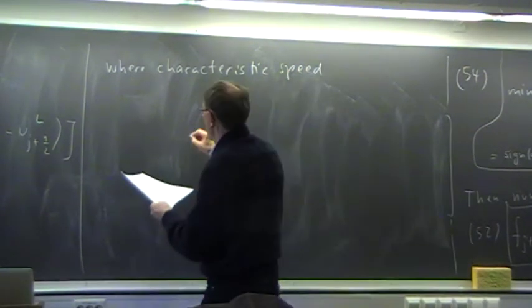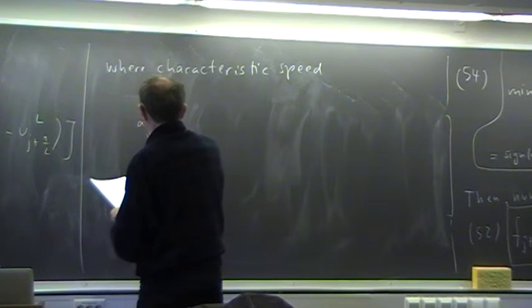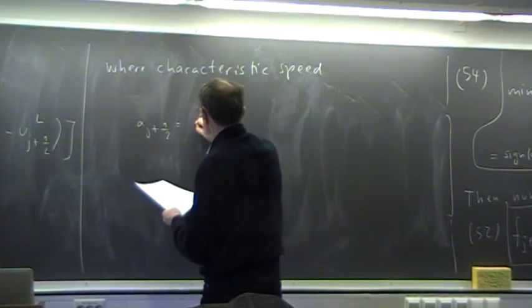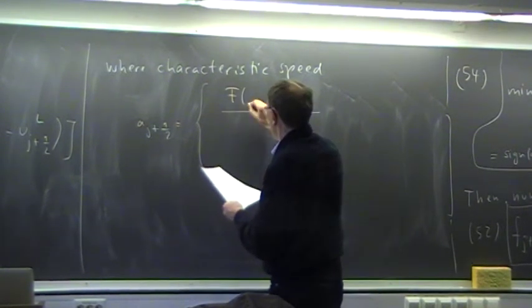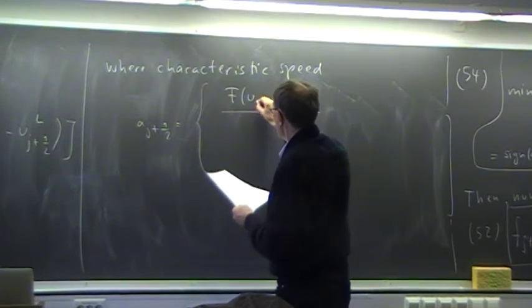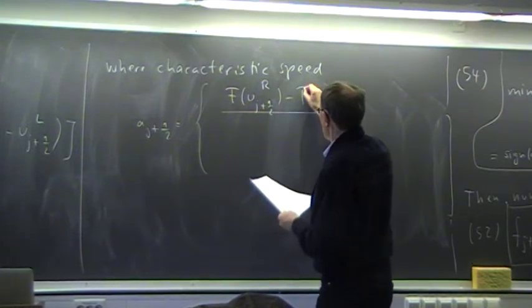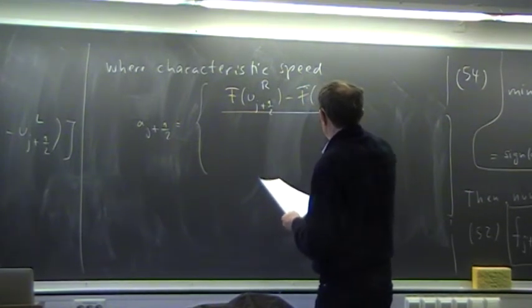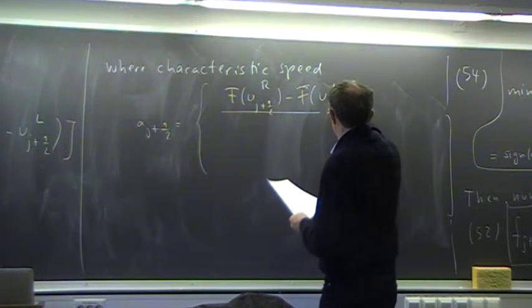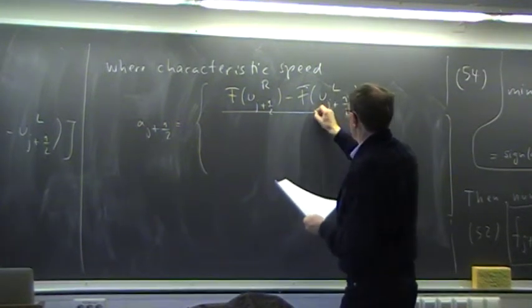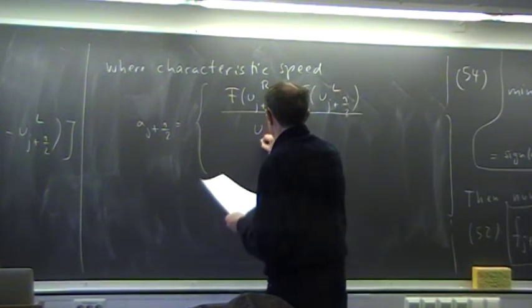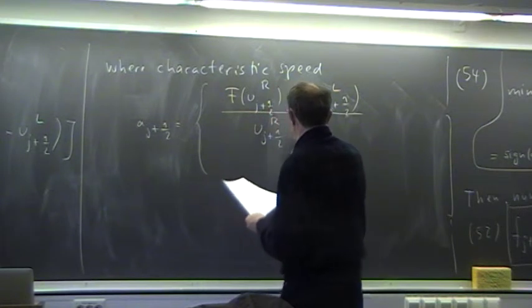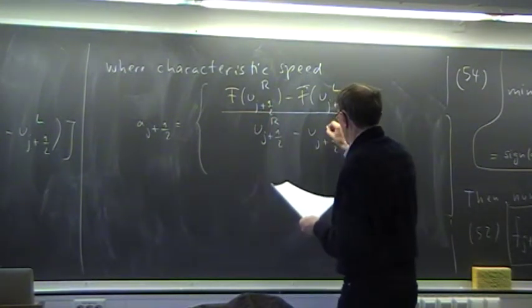That is the a_{j+1/2}. It is defined by the ratio of the flux difference, and that is now F of u_{j+1/2} right, minus F of u_{j+1/2} left, divided by the difference in the conserved variables, which is then u_{j+1/2} right minus u_{j+1/2} left.